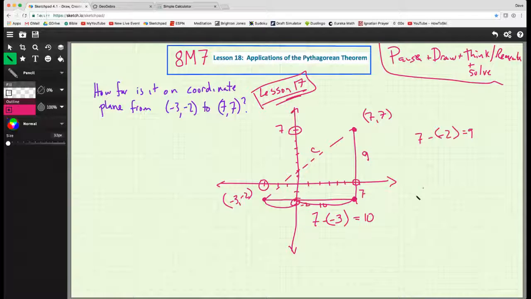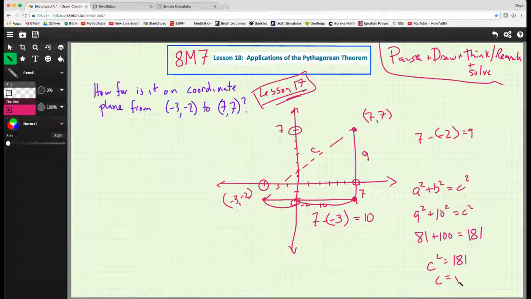So how do we solve this? Well, we go a squared plus b squared equals c squared. This was the whole lesson 17. So we get 9 squared plus 10 squared equals c squared. 81 plus 100 equals 181. So c squared equals 181.